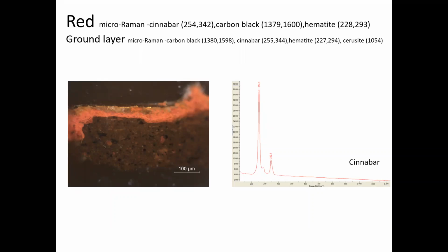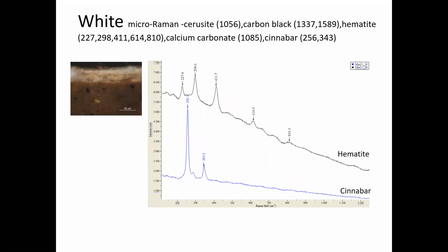So we have also in the second Goan painting the use of these same pigments, and also of Naples yellow was detected. It's an addition to painting one that has only cinnabar and hematite as main components.